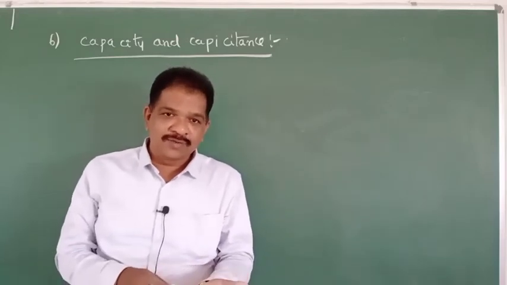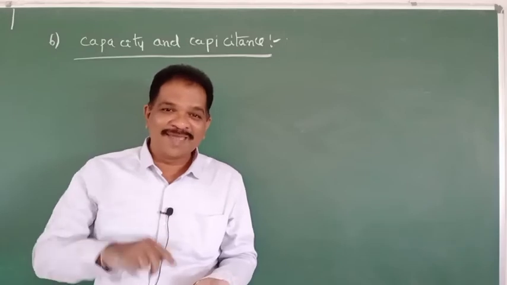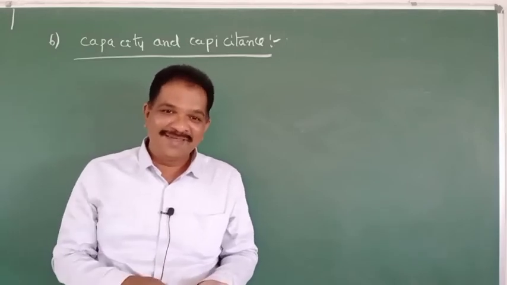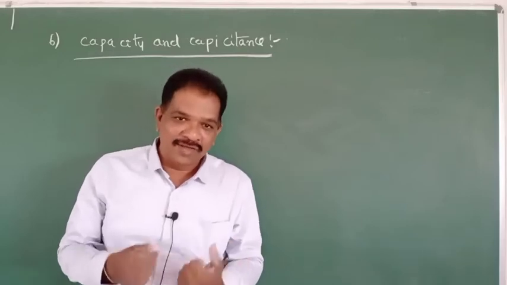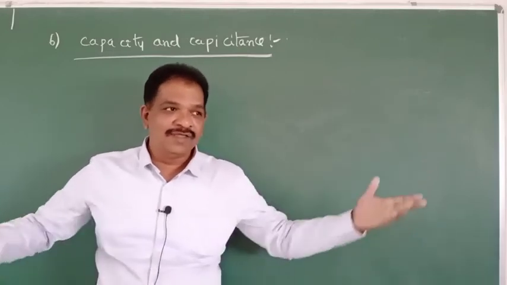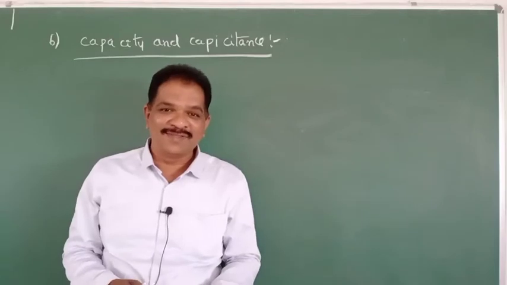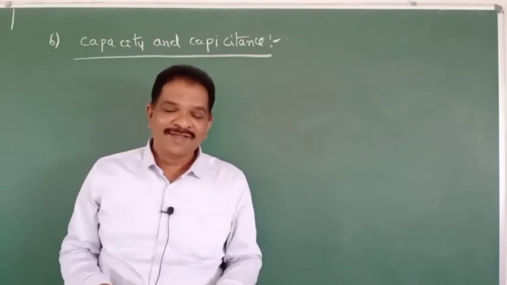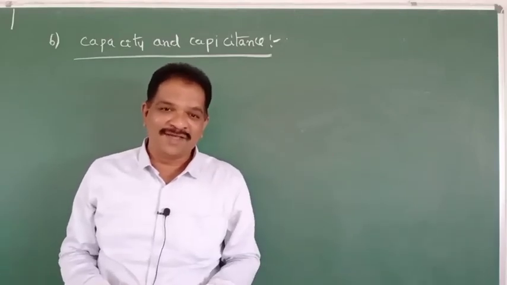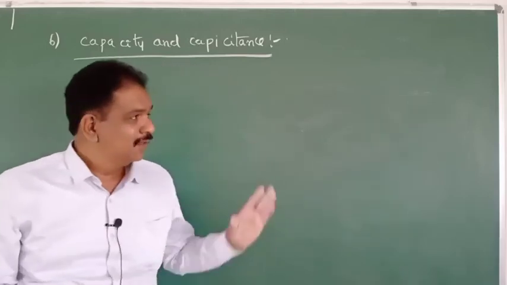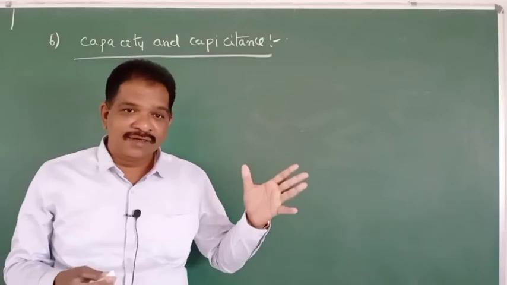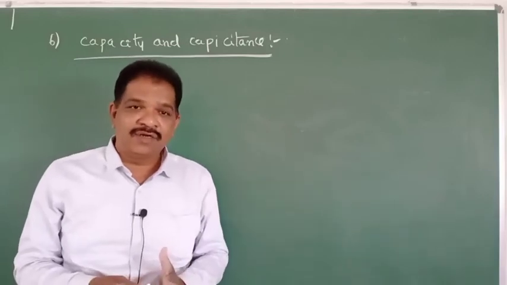Maximum 2 for girl students. Boy students, some capability is more; they may eat 3 bananas, or some may eat 5. One very stout person can consume 12 bananas at a time. What is his capacity? 12.